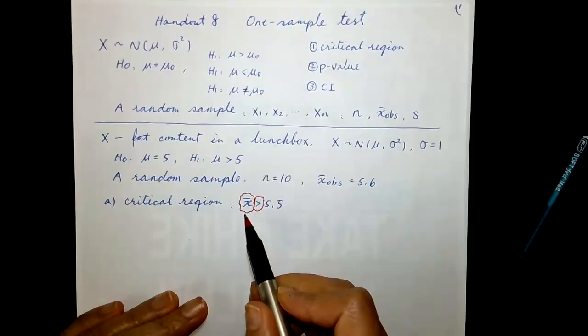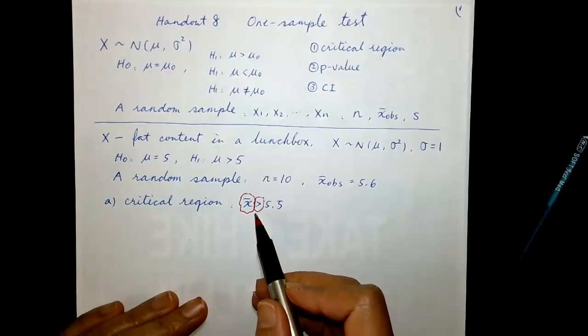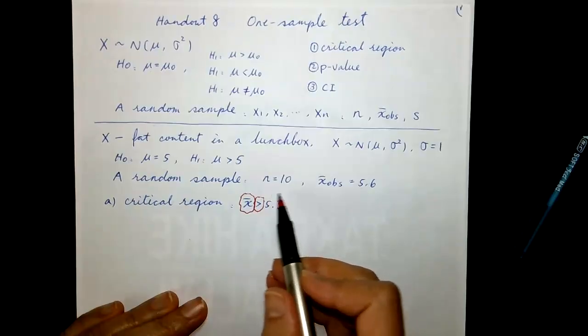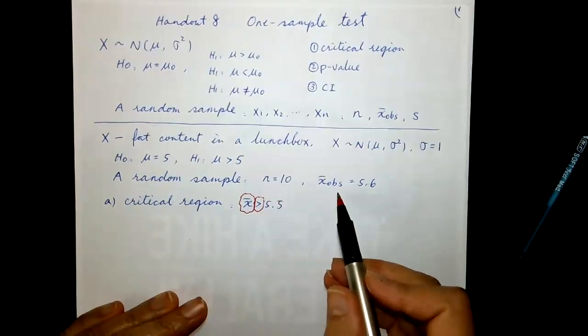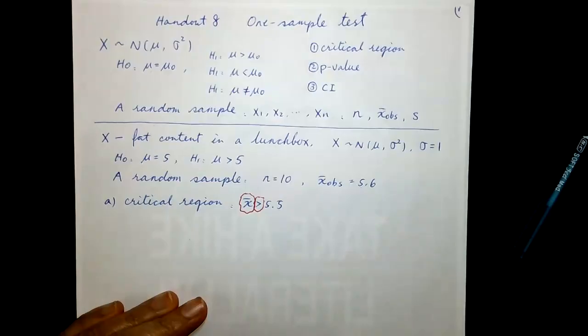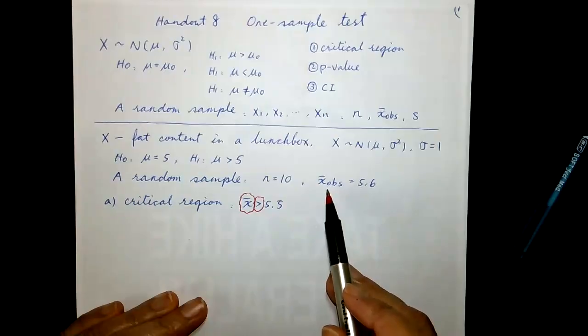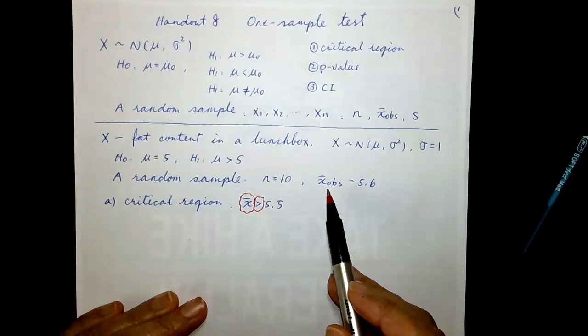Because if the sample mean is too large, for example, in my 10 lunch boxes, their average fat content is 10 grams or 20 grams, if it's so large, I would say that because the sample mean is so large, most likely the population mean is very large as well.